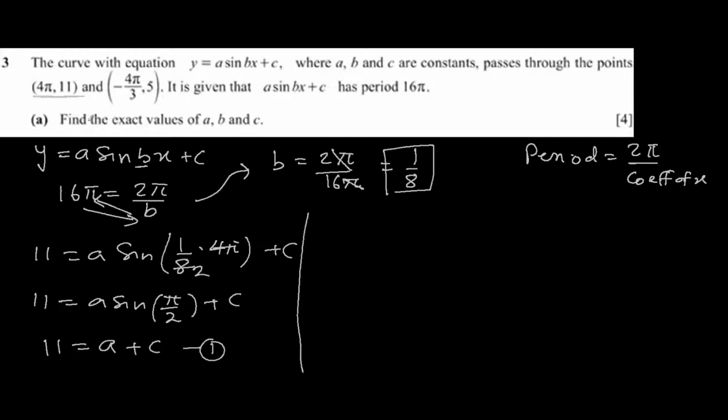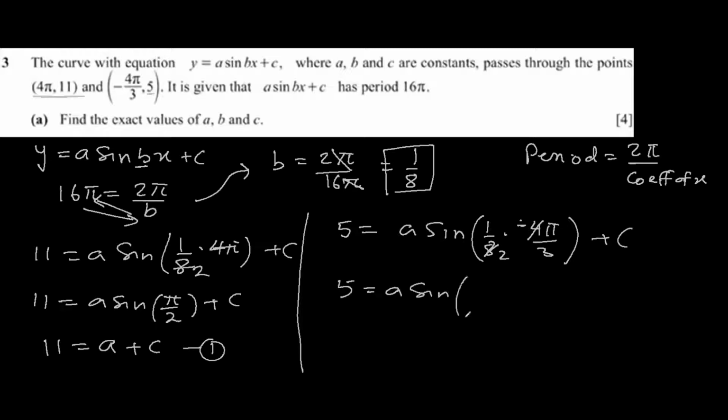Now let's substitute the second point. Here y is 5, equal to A sine of 1 over 8 times minus 4 pi over 3, plus C. 4 and 8 cancel again. So 5 equal to A sine minus pi over 6, yeah, 2 times 3, 6, plus C. Now to find the value of this, you can use your calculator or simply use logic.